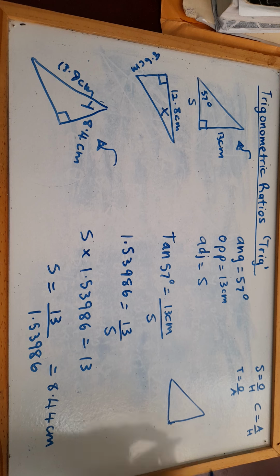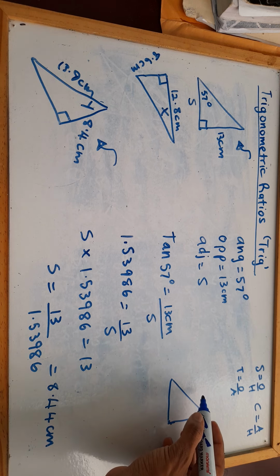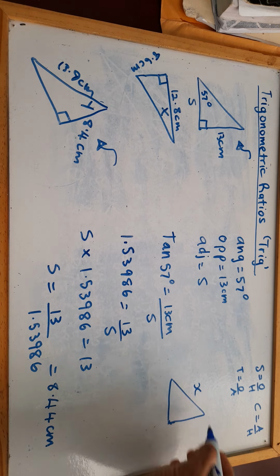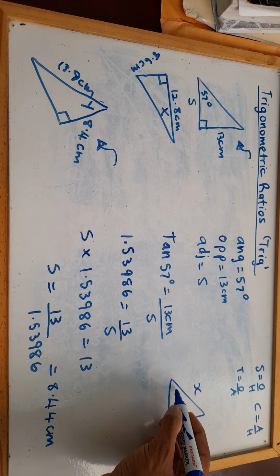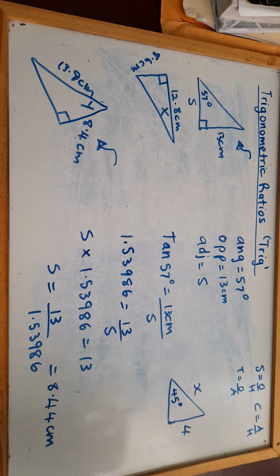I'll make up some random numbers, say 45 degrees. This is just an example where our unknown could be in the denominator.